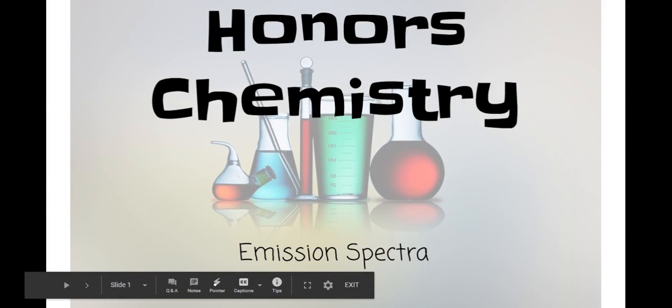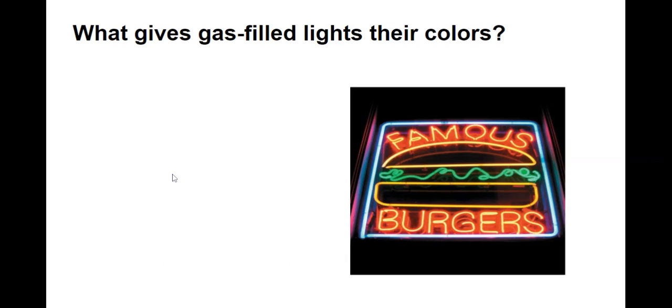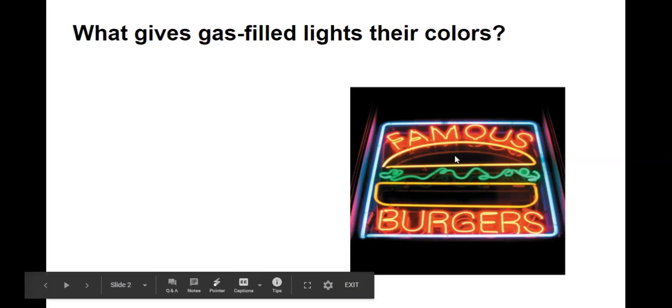Today we are going to talk about emission spectra and atomic energy. You've all seen those gas-colored lights hanging outside restaurants, bars, or other places. Pretty much any place that has an open sign frequently has one of these gas-filled lights as their open sign.